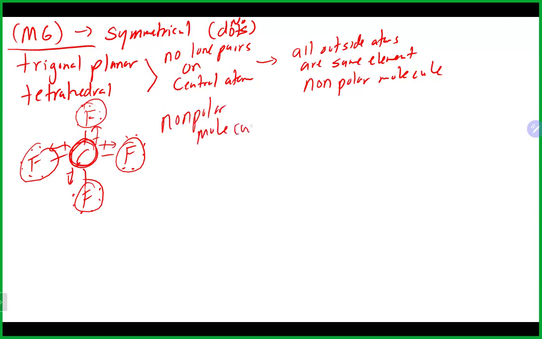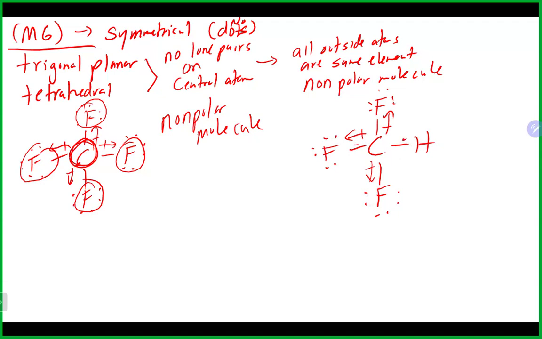Now, what would happen if I took one of those fluorines and swapped it out for a hydrogen? We would still have our polar bonds heading this way towards these guys, right? The carbon-hydrogen bond is nonpolar, right? That 0.4 difference, at best, is actually heading maybe a little bit towards the carbon, not so much.